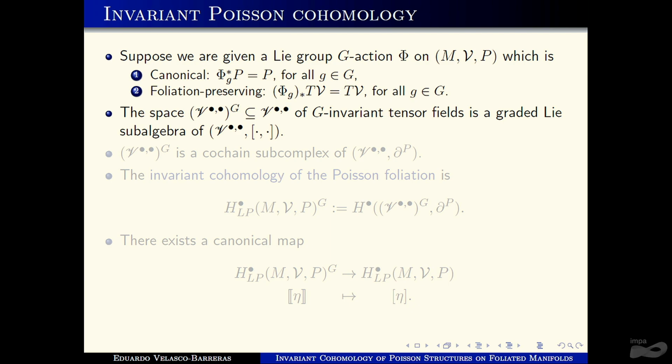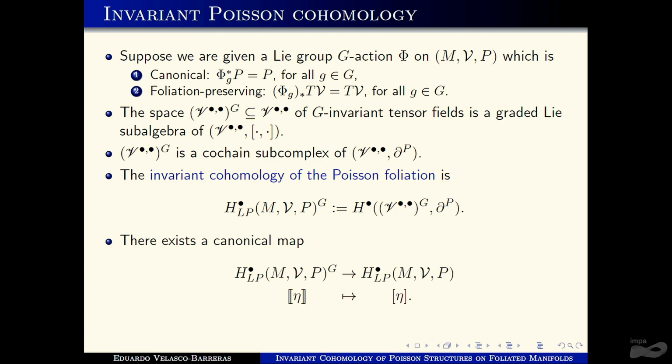And moreover, since the action is canonical, it is a cochain subcomplex of the Lichnerowicz-Poisson complex of the Poisson foliation. So if we consider the cohomology of this cochain subcomplex, then we have the invariant cohomology of the Poisson foliation. And since this is the cohomology of a cochain subcomplex, there exists a canonical map between both cohomologies.